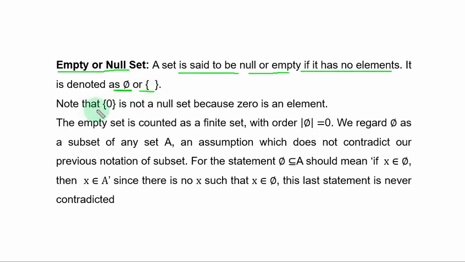Note that this set is not a null set because 0 is an element. The empty set is counted as a finite set with the order equal to 0 because no element is in it.